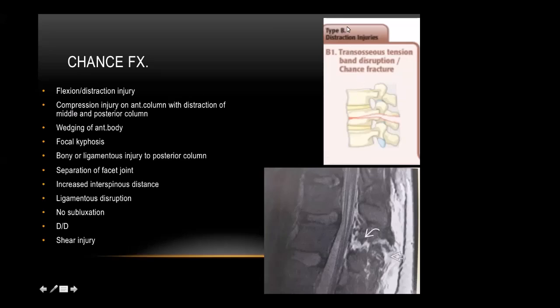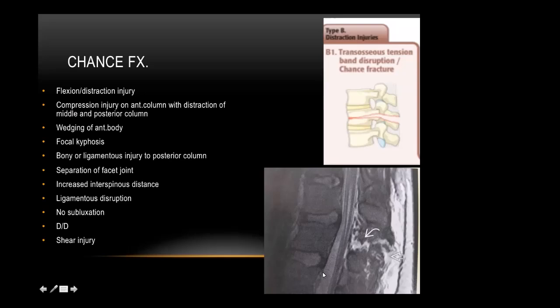So it's a type B injury, which is a distraction injury. Distraction means two forces that are pulling the spine away from each other. And all three columns are gone. Whenever you see posterior column involvement, you'll always notice that there is focal kyphosis here. I don't know if you can appreciate this or not, but the straight spine should have been like this. But if you notice here, there is this slight angulation.